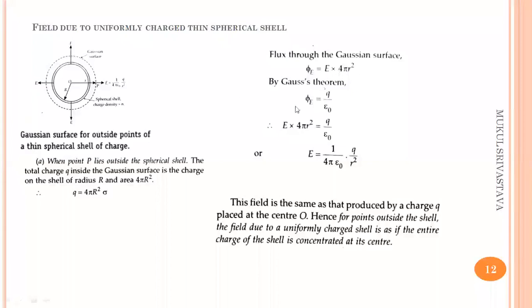So E into 4 pi r square equals Q upon epsilon naught. Therefore, E equals 1 upon 4 pi epsilon naught Q by r square. This is the electric field E at point P outside the spherical shell.